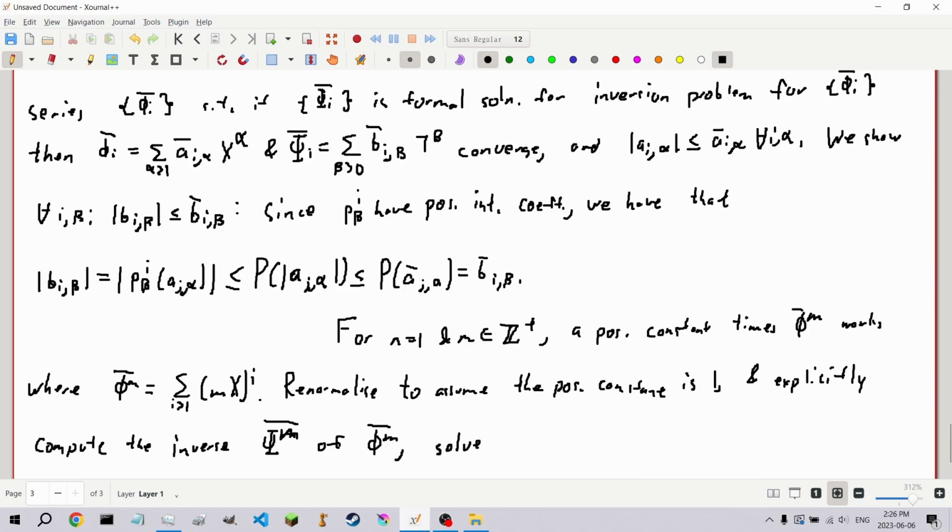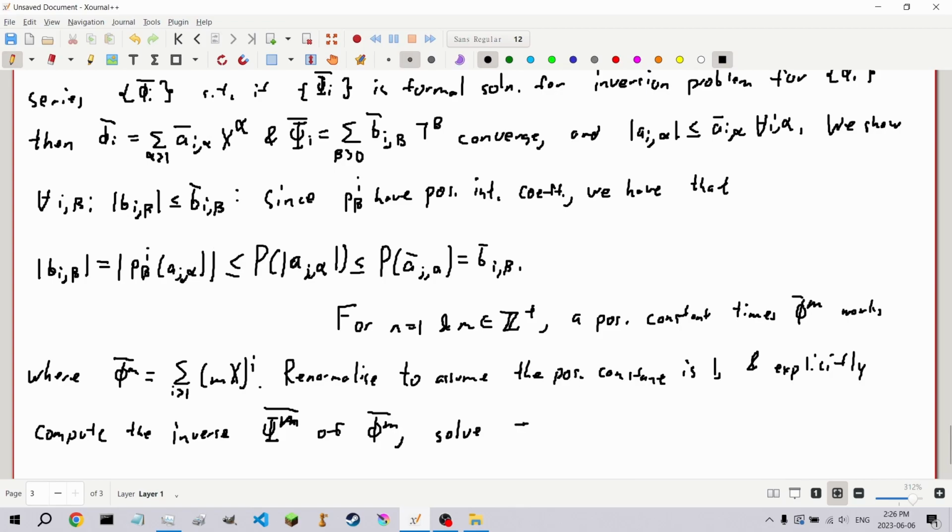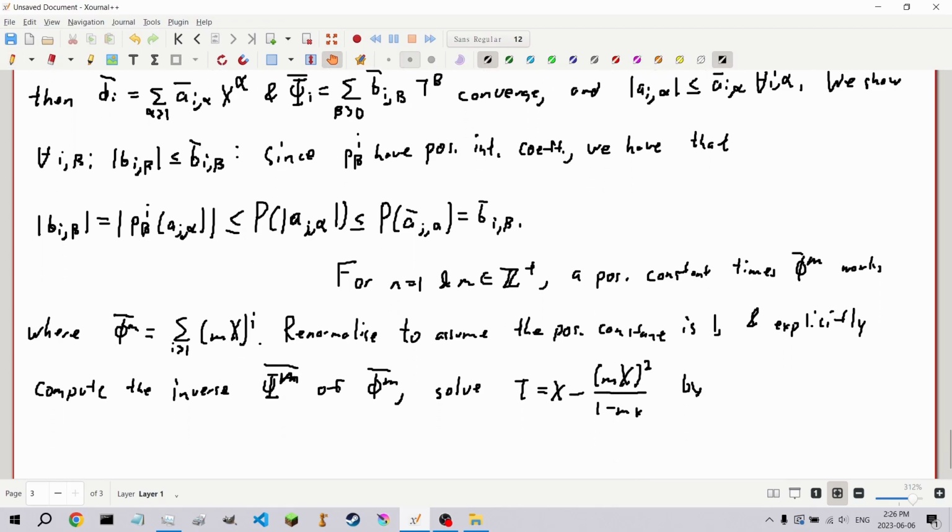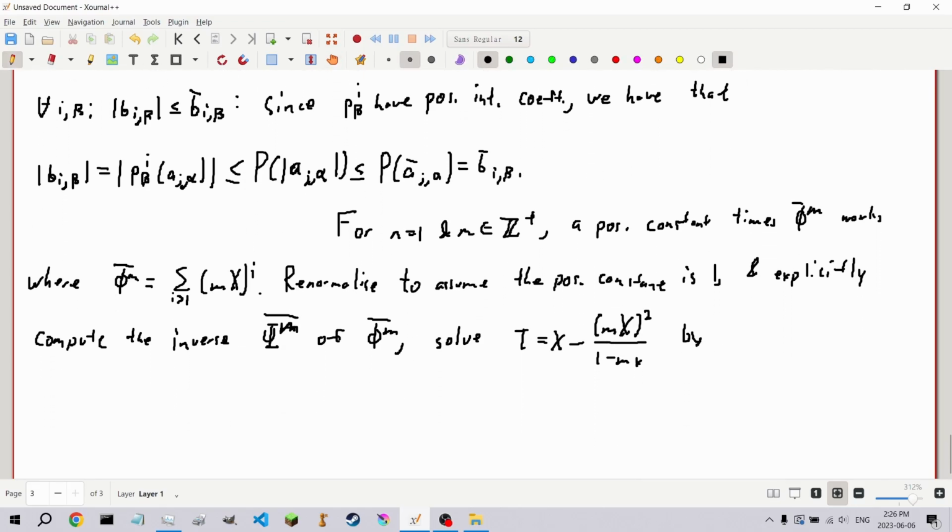And you do that by solving the equation t is x minus m of x squared over 1 minus mx. And our solution is phi bar to the m of t being 1 plus mt minus the square root of 1 plus mt squared minus 4 times m squared plus m times t.